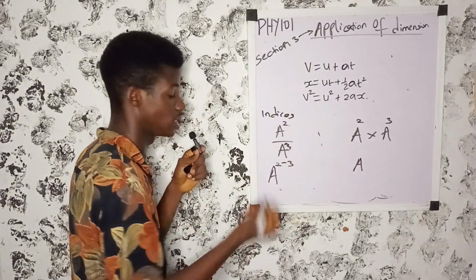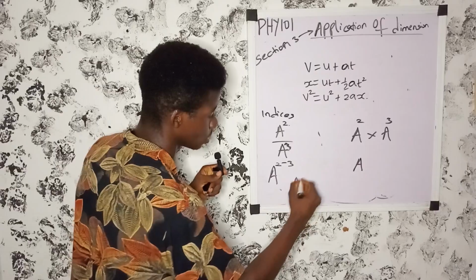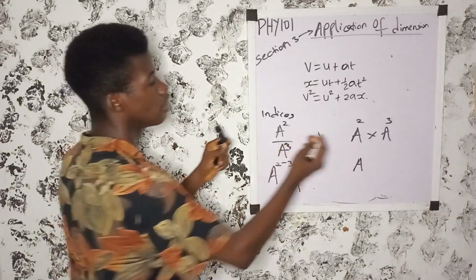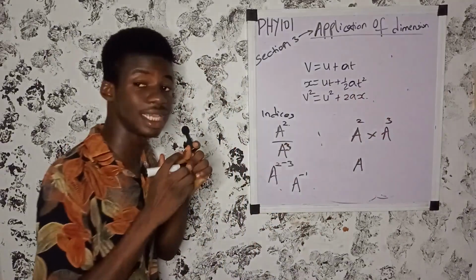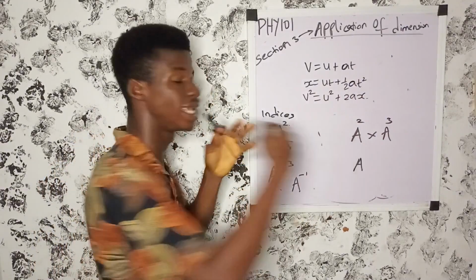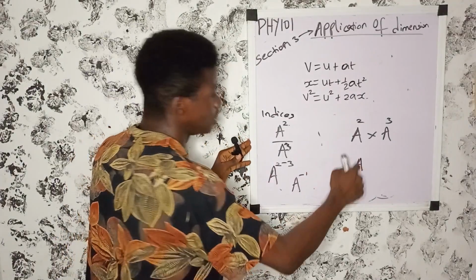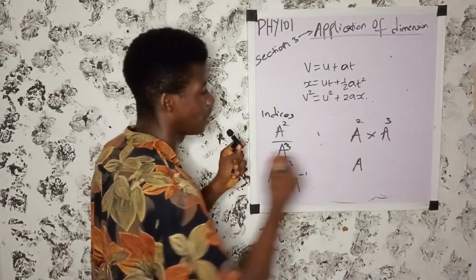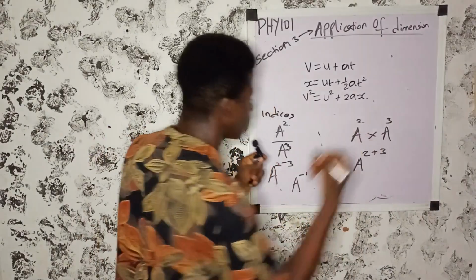So 2 minus 3 will give you minus 1. But when the two bases are multiplying each other and they are equal, you bring out one of the bases, then you add their powers.